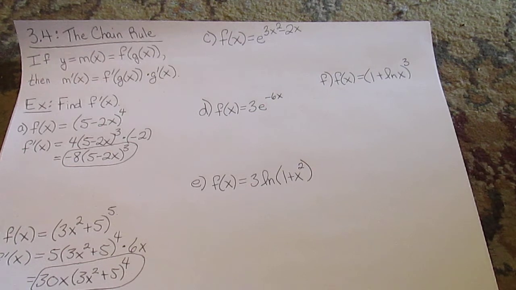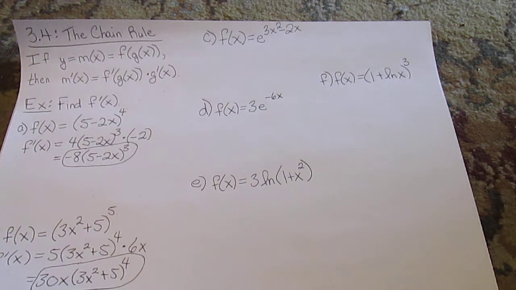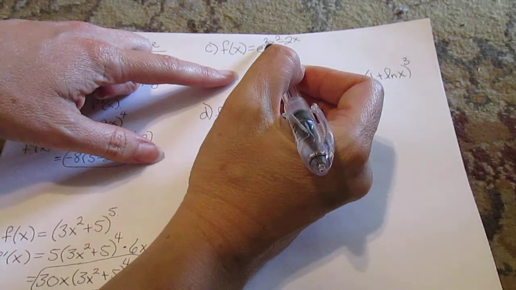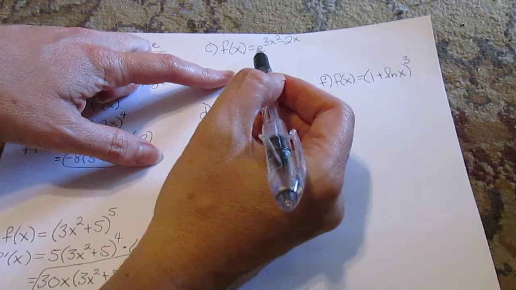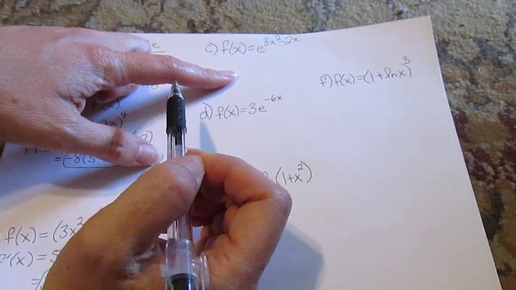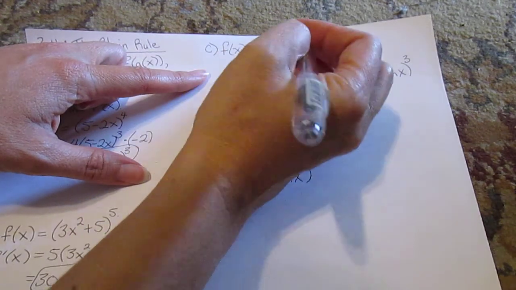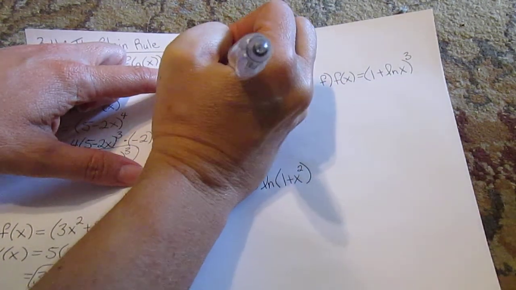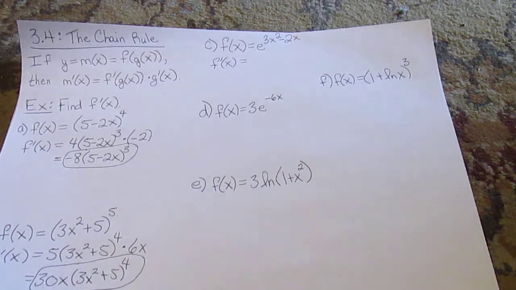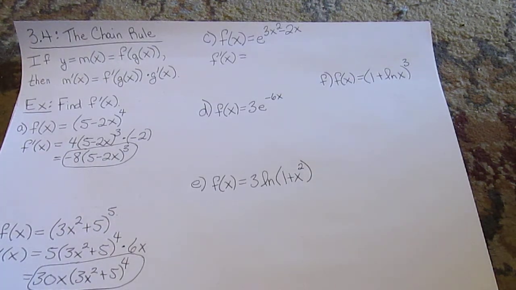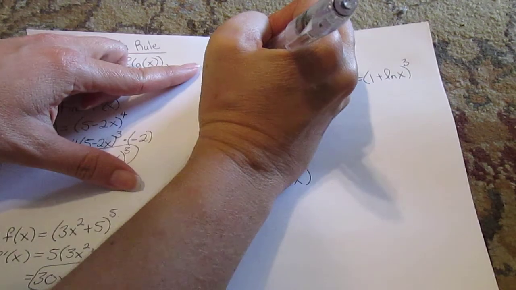Okay, part C, f of x equals e to the 3x squared minus 2x. The inside function is the power right here, and then the outside function is the e to the power. So we'll do the e to the power first, take the derivative of that. Okay, well, just remember, what is the derivative of e to the x? E to the x. So nothing's going to change here to begin with.